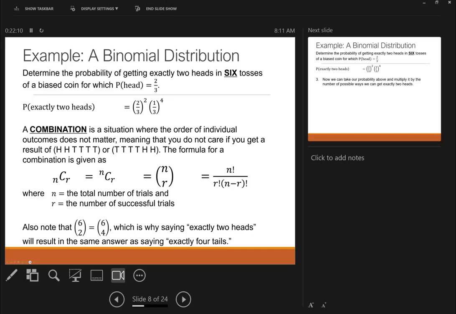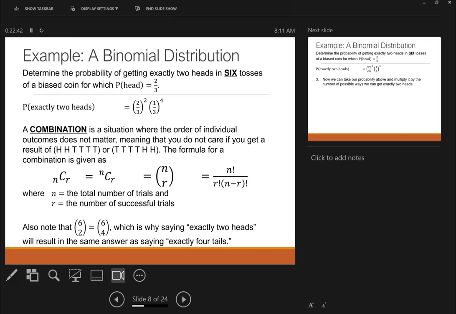Okay. It's also worth noting that how you define success and failure doesn't really matter when it comes to counting combinations. So whether I have 6 things and need to choose exactly 2 heads and count the number of ways that can happen, that'll be the exact same number as if I take 6 things and need exactly 4 tails.